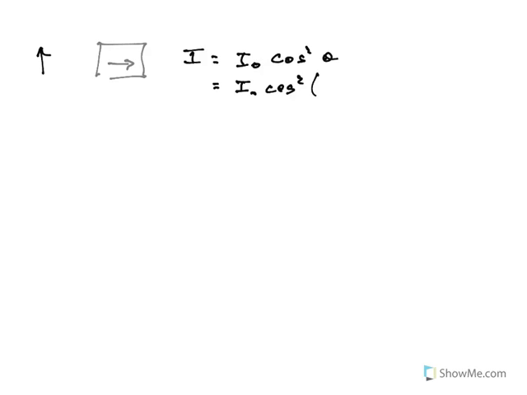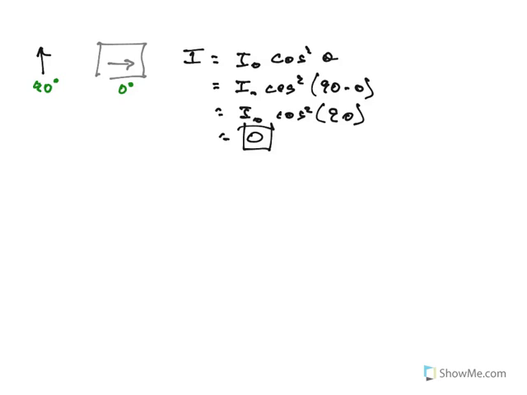What's theta? Again, I'm starting at 90 degrees and I'm trying to get through 0 degrees. So it's cosine squared of 90 minus 0, so it's cosine squared of 90, and of course that is 0. That means no light can get through.